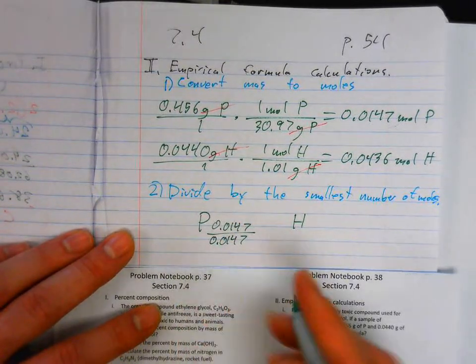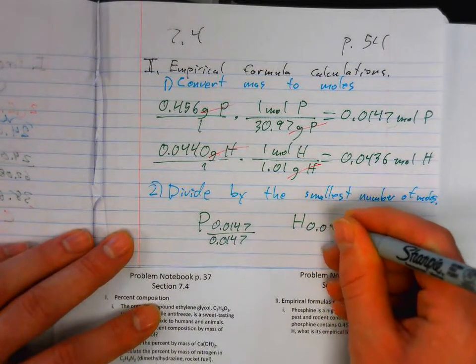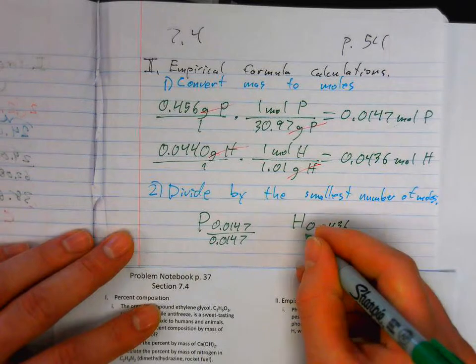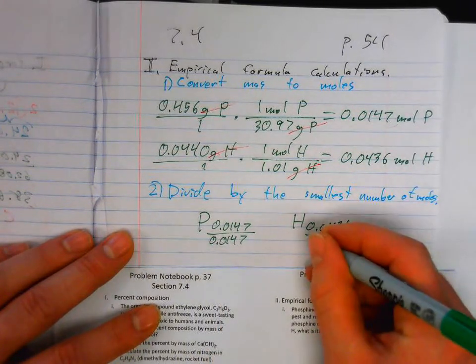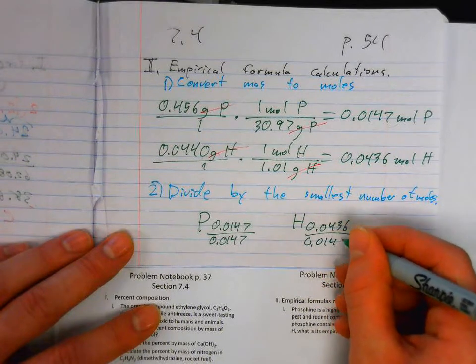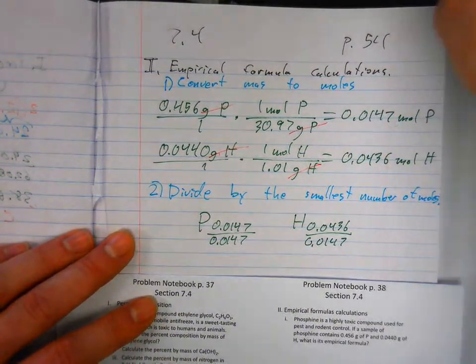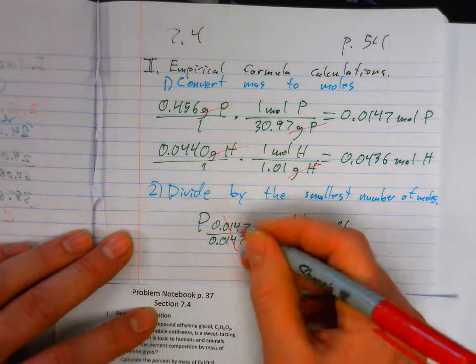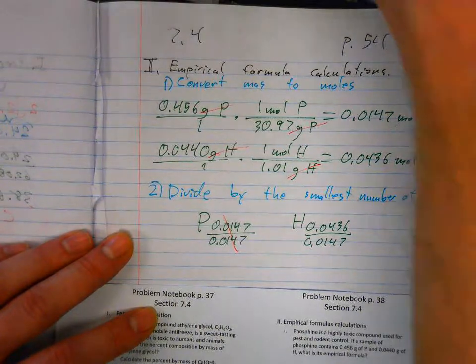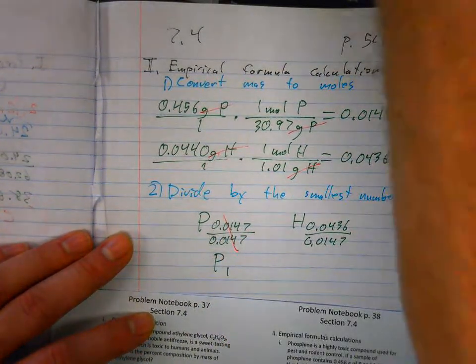Now for hydrogen, the number of moles of hydrogen is 0.0436, and that's divided by the smallest number of these two, which is 0.0147. So for phosphorus, it crosses out, it's the same number, and it makes a 1. Phosphorus 1.